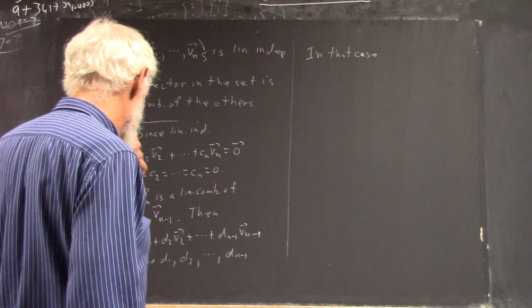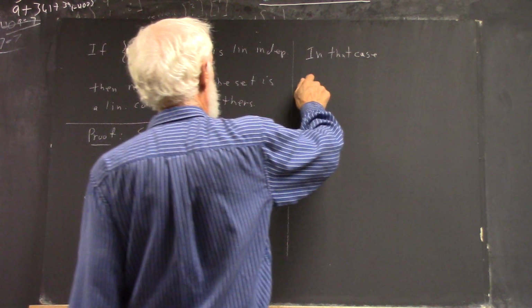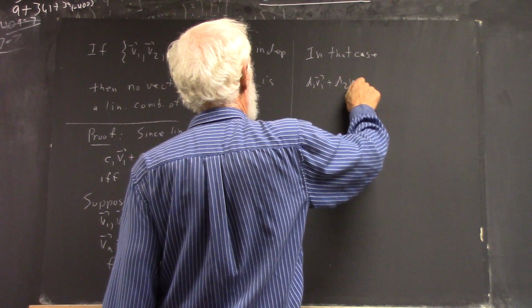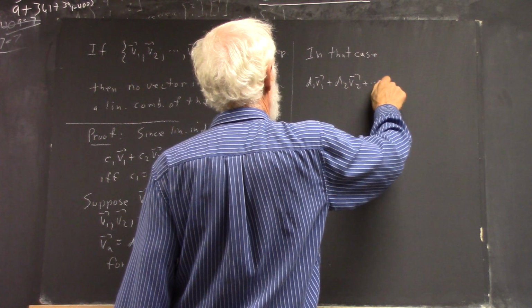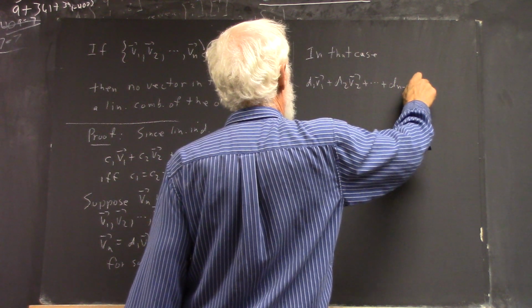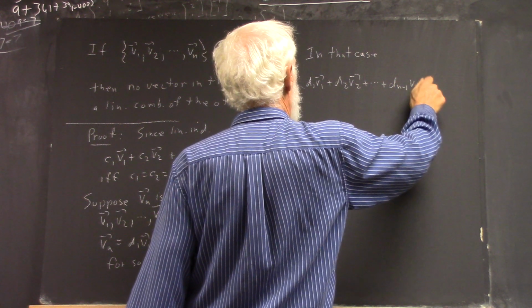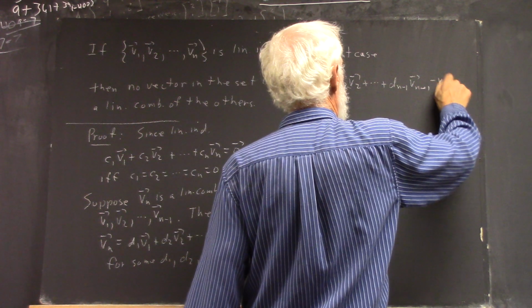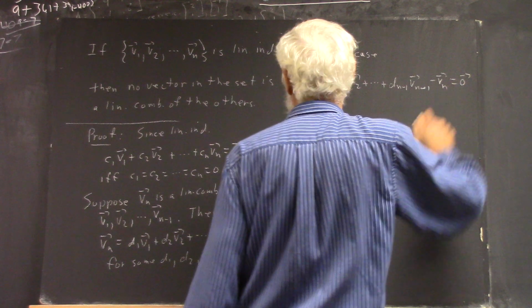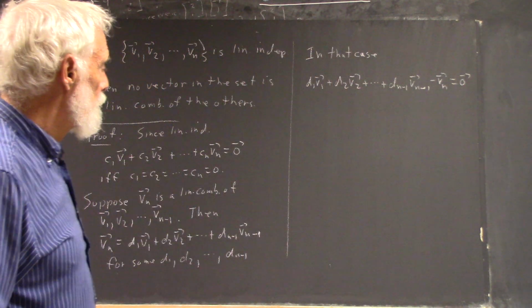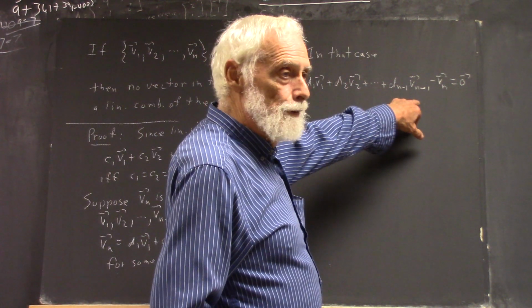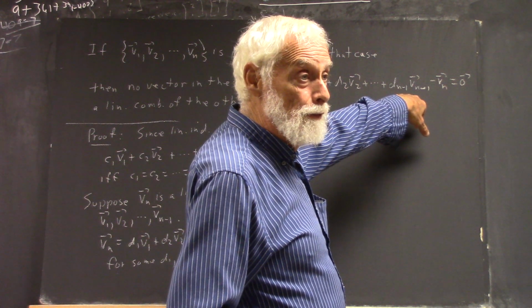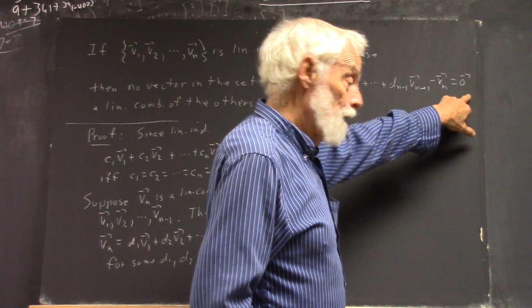In that case, this linear combination, d1 v1 through dn minus 1 vn minus 1 minus vn, would have to be the zero vector.